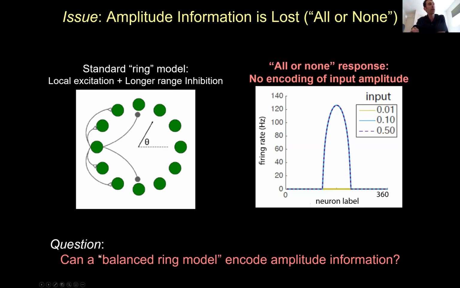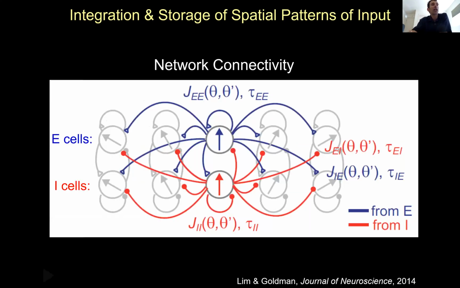And the question I'm going to ask is, can a balanced ring model encode amplitude information? The architecture is going to be similar to what I've shown you before. There's going to be this core EI motif with slow positive feedback and faster negative feedback, and then I've unrolled the periodic connectivity.